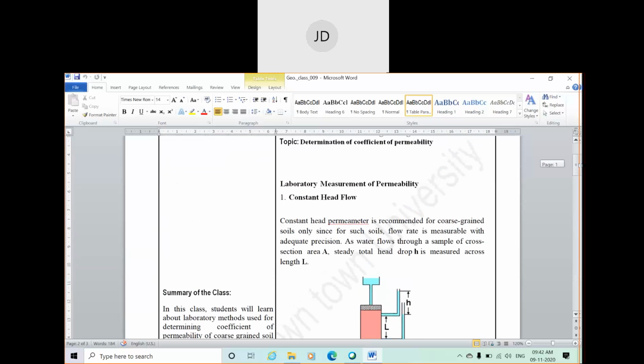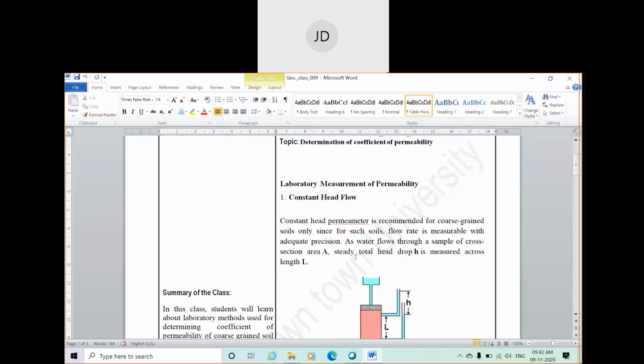We have two different types of methods to find this permeability, because the constant head permeability test, or constant head flow test, gives suitable results for only coarse grained soil. I want to repeat again.